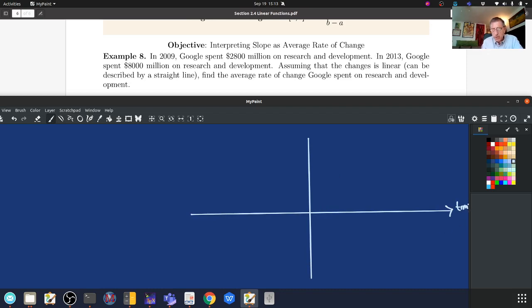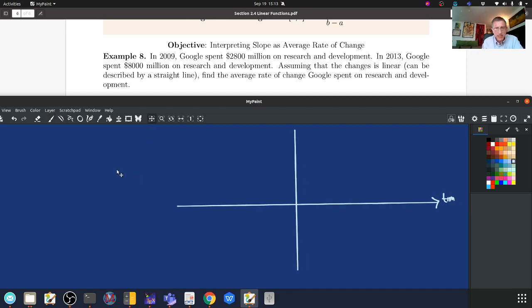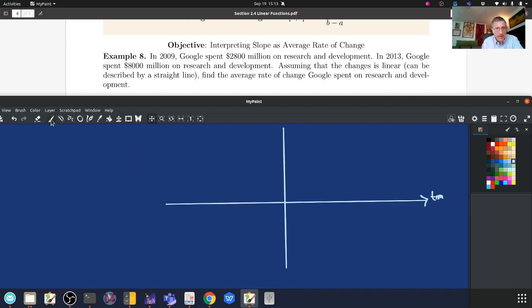So this is one where if you want to let x be equal to t, that might actually be something you would do. But we have 2 points on the graph. And the y-axis is what? Money spent on R&D. That stands for research and development.